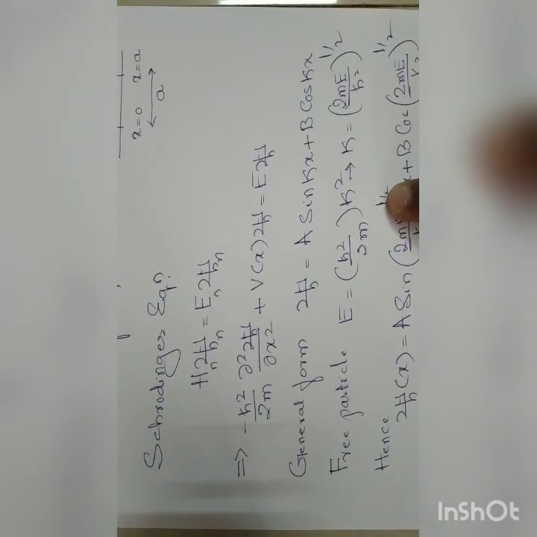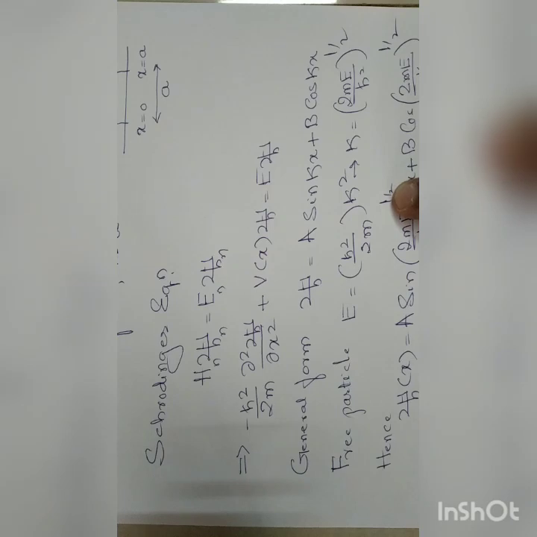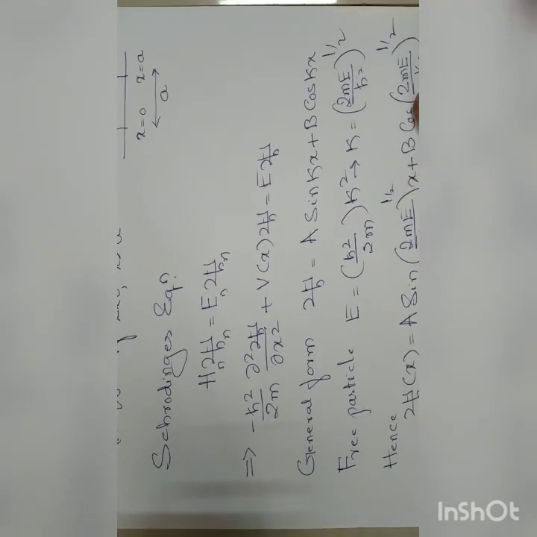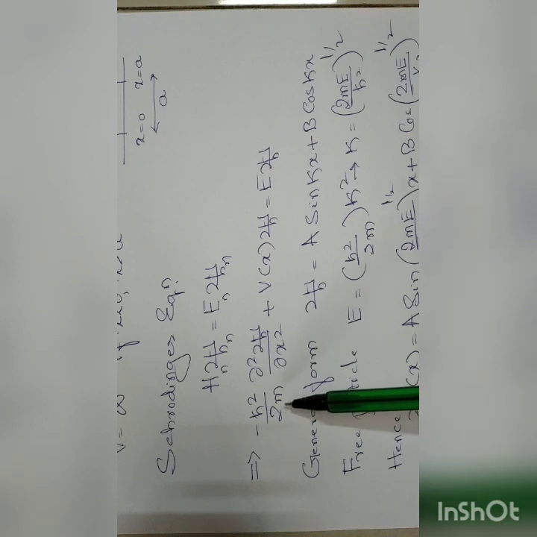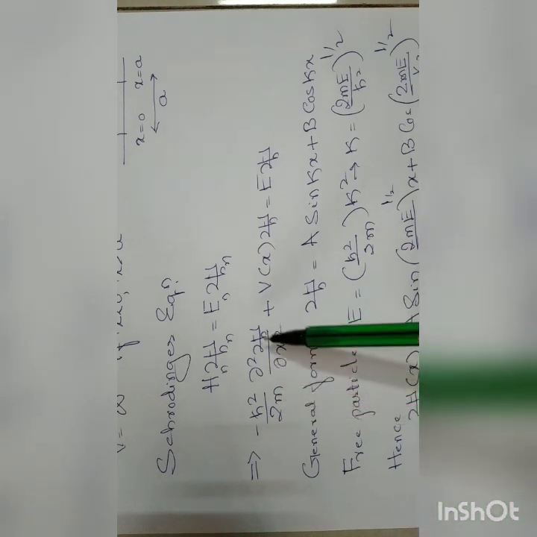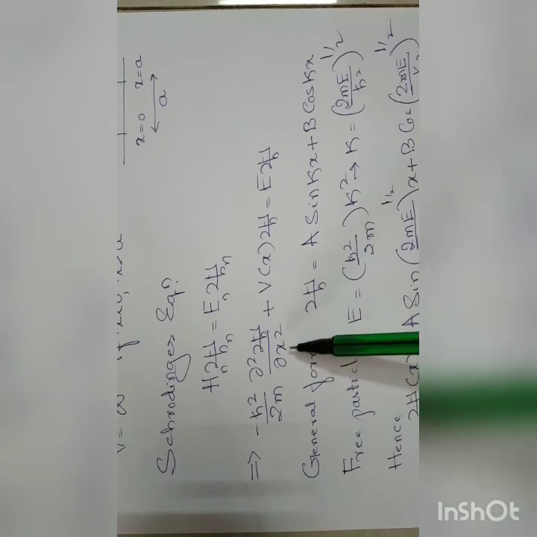Now if you expand this by putting the operator form of the Hamiltonian, what you see is minus h cross square divided by 2m, where m is the mass of the particle, d2 psi divided by dx square.